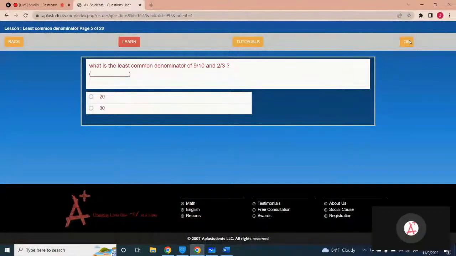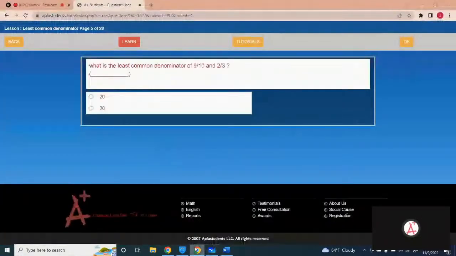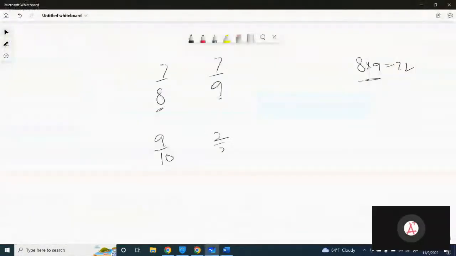Okay, what is the least common denominator of 9 by 10 and 2 by 3? So the correct option is, okay, again 9 by 10 and 2 over 3. So look at the denominators 10 and 3. You don't have any common number that can divide both the denominators. Got it?